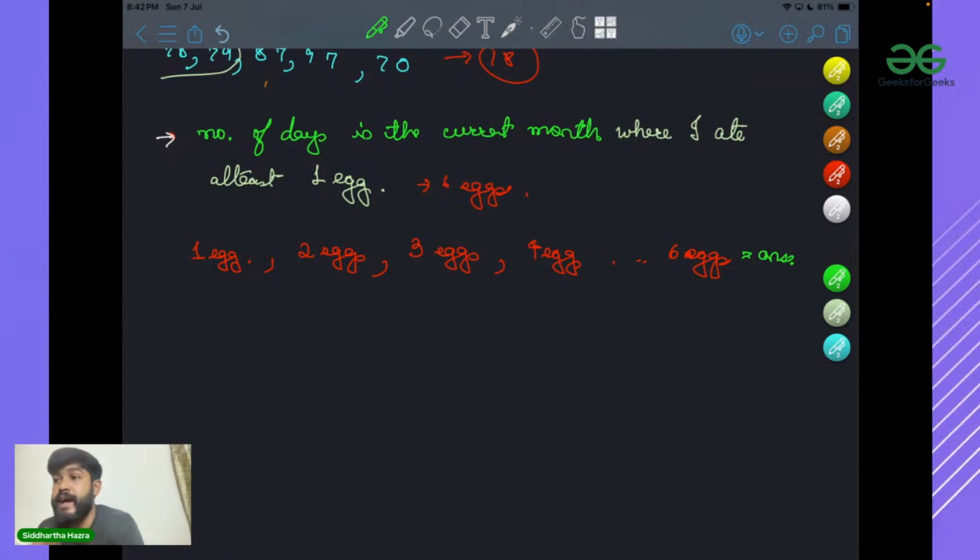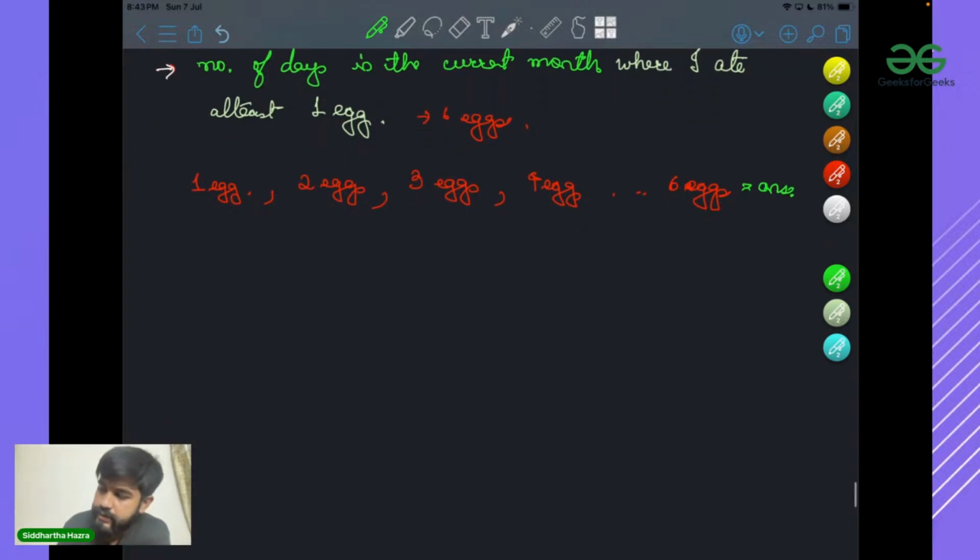If the maximum number of eggs I can eat is 10, then I need to do this till 10 eggs. If the max number of eggs increases, then we need to increase this a lot.